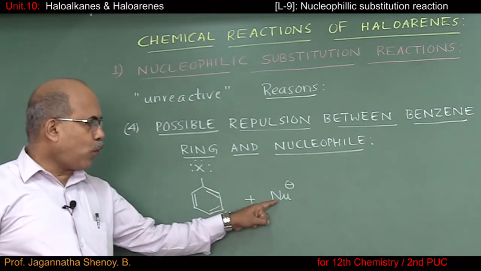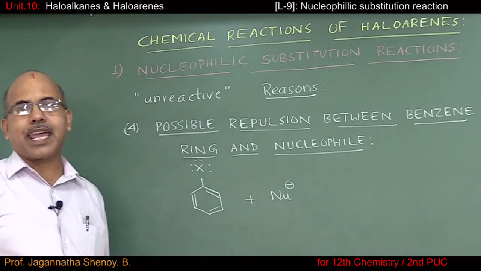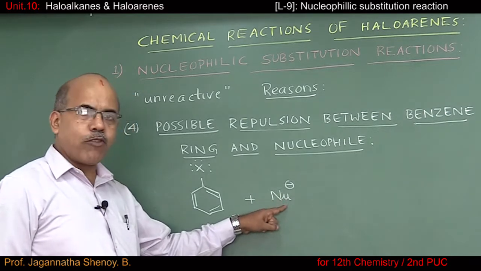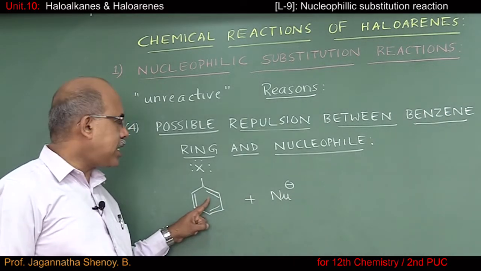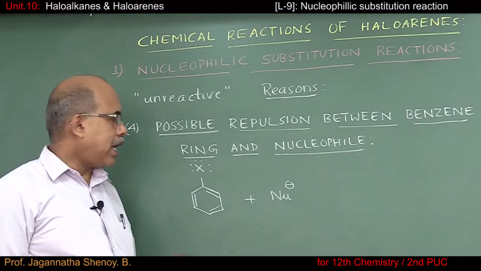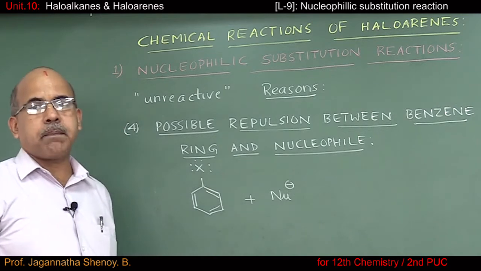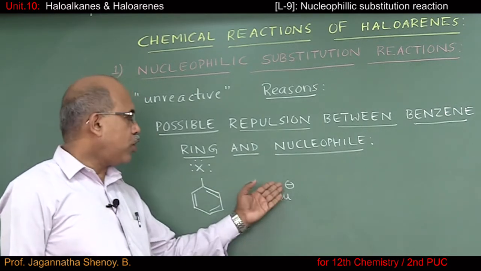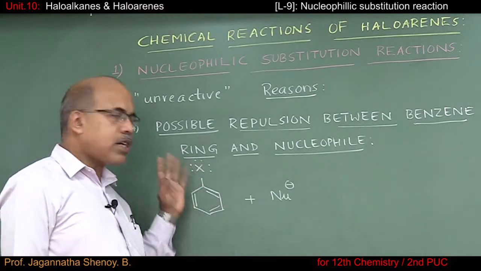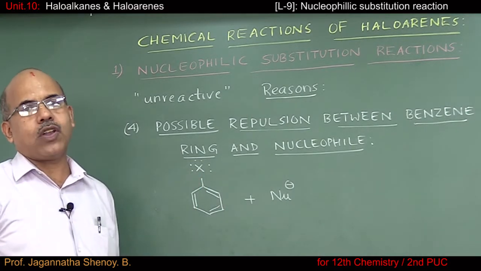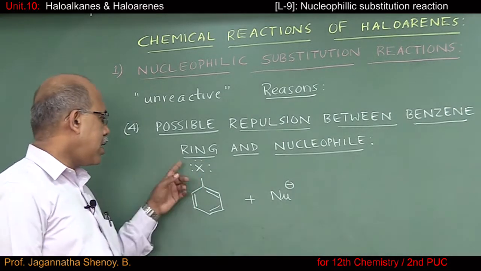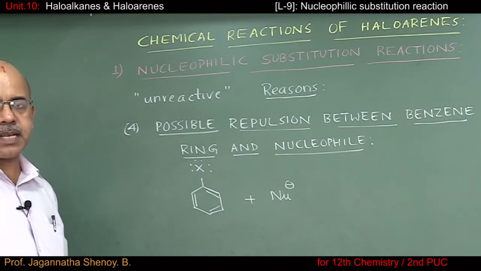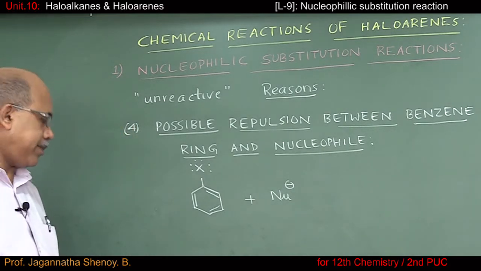And also you know that nucleophiles are electron rich species. Hence, when nucleophile approaches benzene ring of haloarene, it experiences repulsion. It's because of this repulsion, nucleophile may not approach benzene ring at all. It's for this reason haloarenes do not undergo nucleophilic substitution reactions.